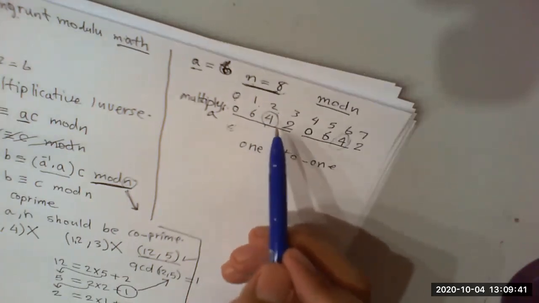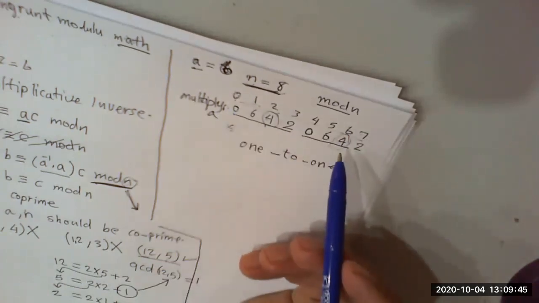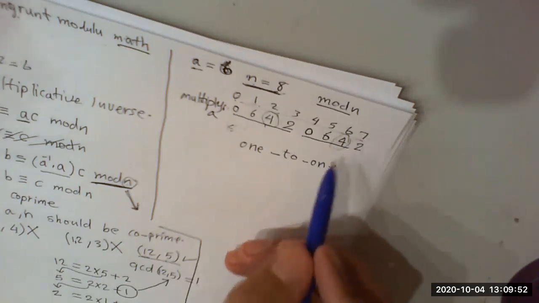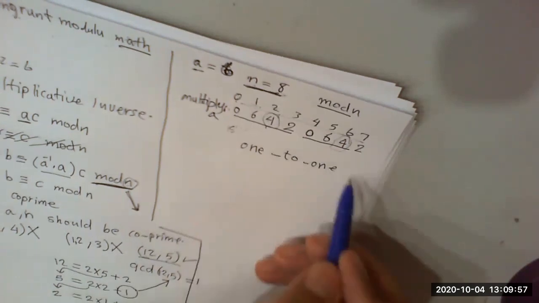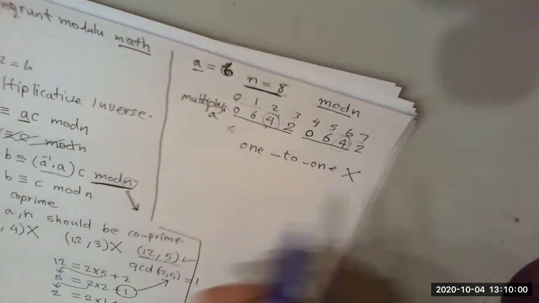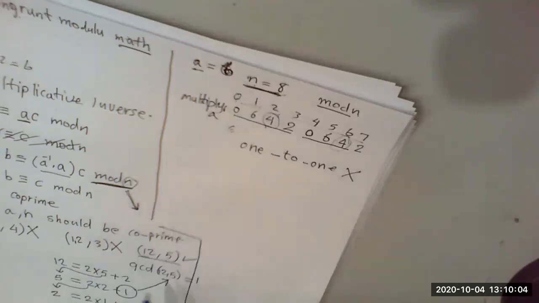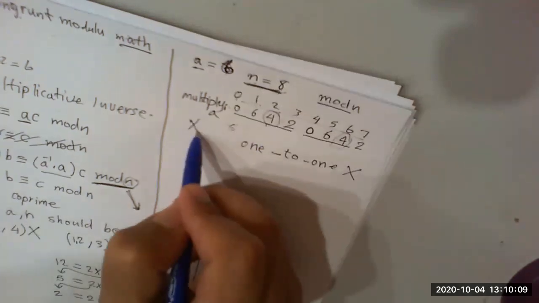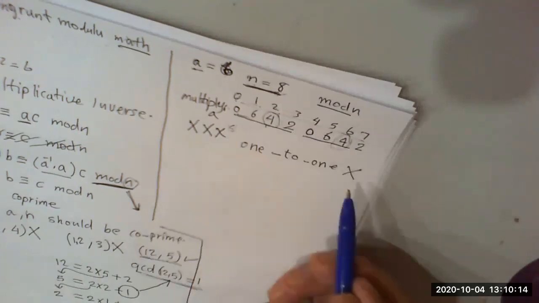I want unique numbers for each case. 6 and 8 have a common divisor, which is 2, so the greatest common divisor is not equal to 1. There is no multiplicative inverse because there is no one-to-one relationship here.